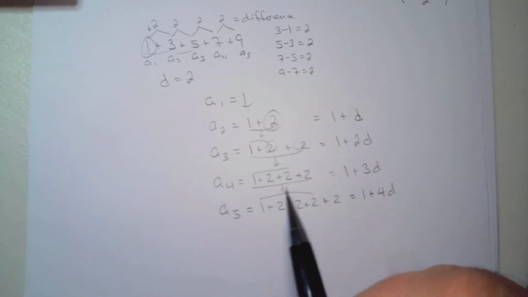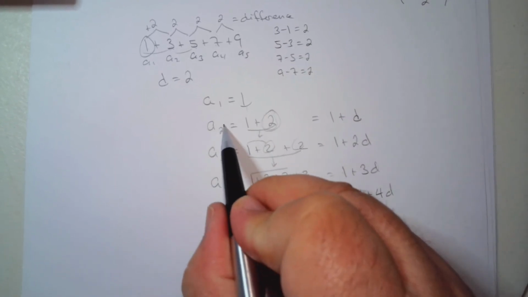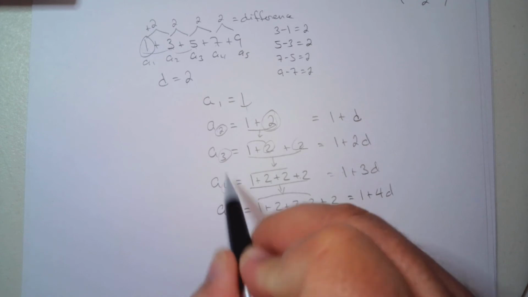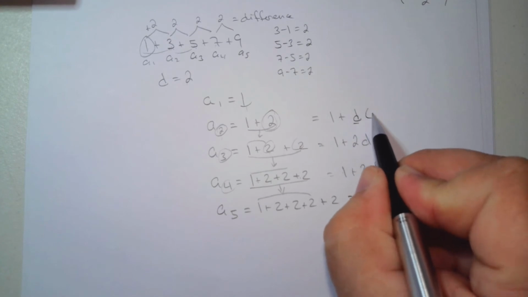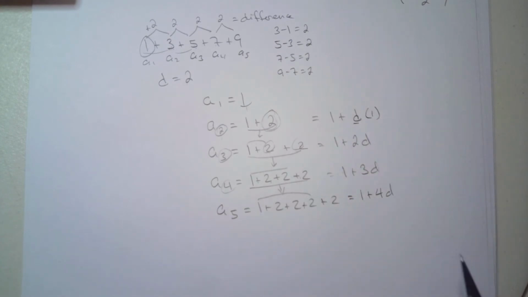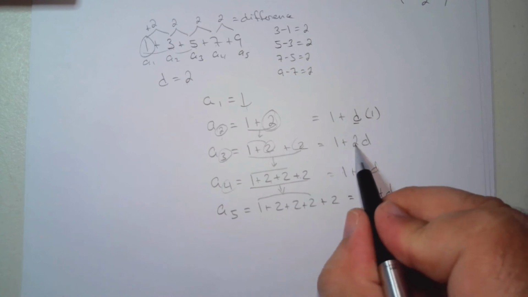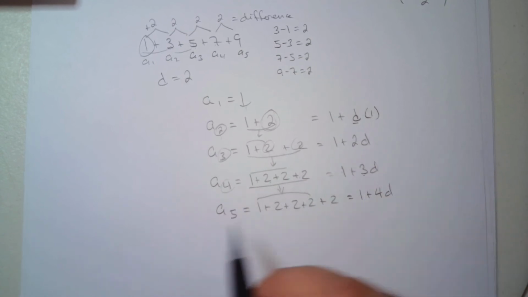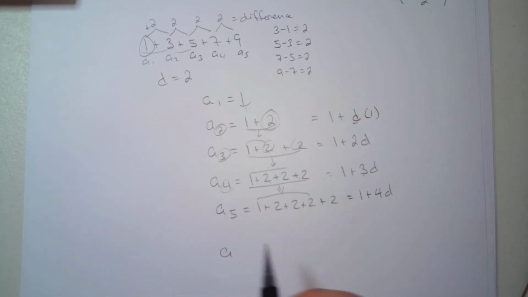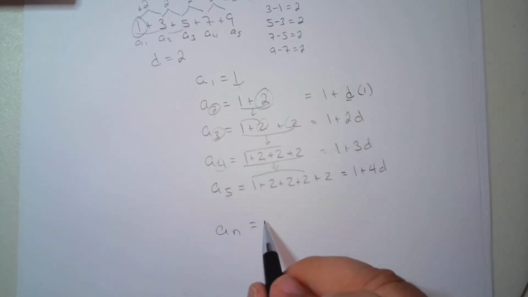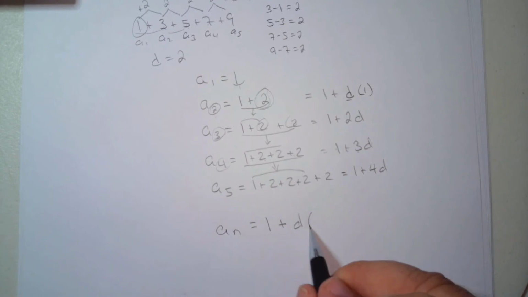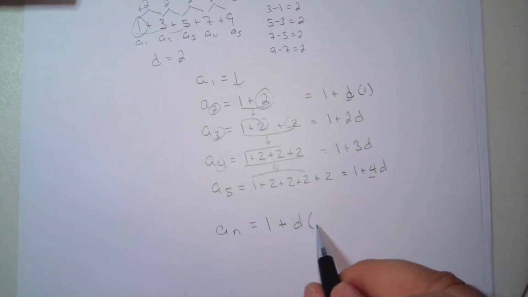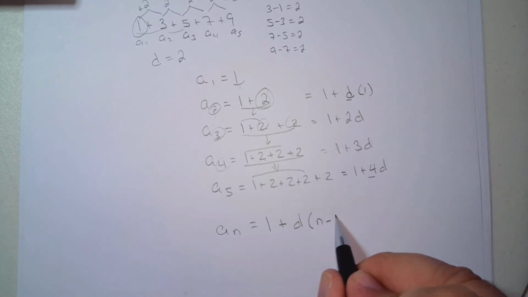Now, here's the interesting thing. See our subscripts? That's 2, and we only have one of these, 1D. If that's a 3, we have 2 Ds. If it's a 4, we have 3 Ds. And then 5. So if we had n, then we would go 1 plus whatever the difference is. Remember, it's always 1 less. So it's n minus 1.